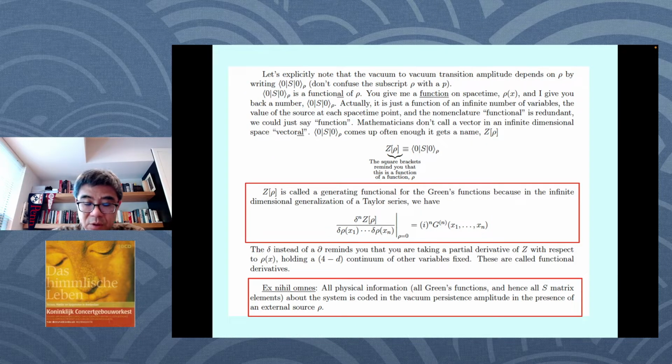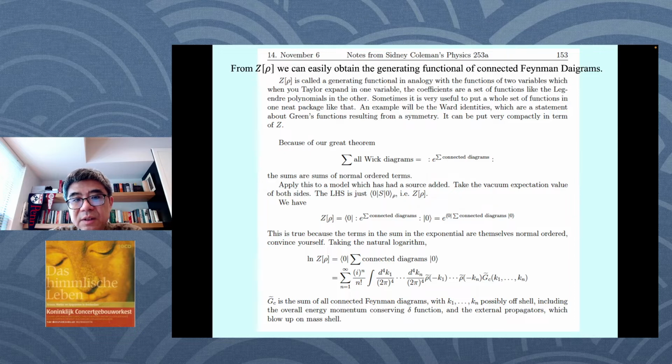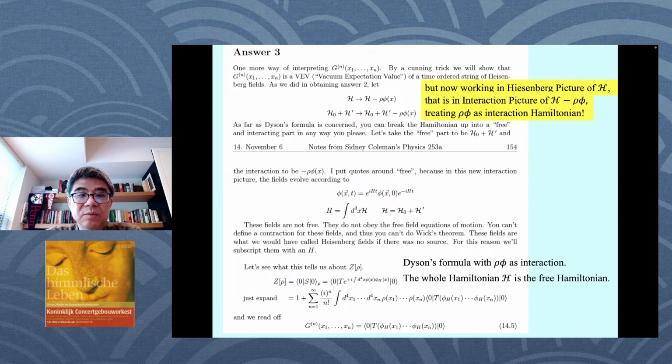And then you can go back to the detail. There's another meaning for this Green function. I can also work in the Heisenberg picture of the whole Hamiltonian H, that is excluding the source.